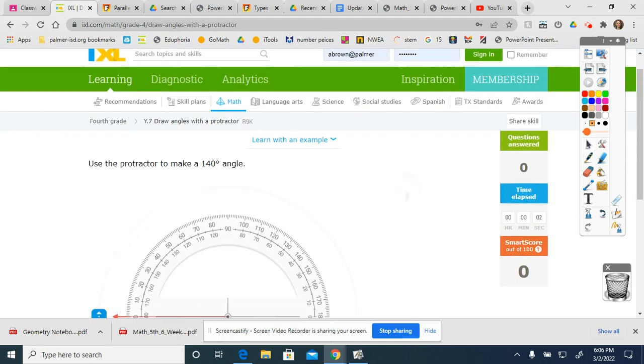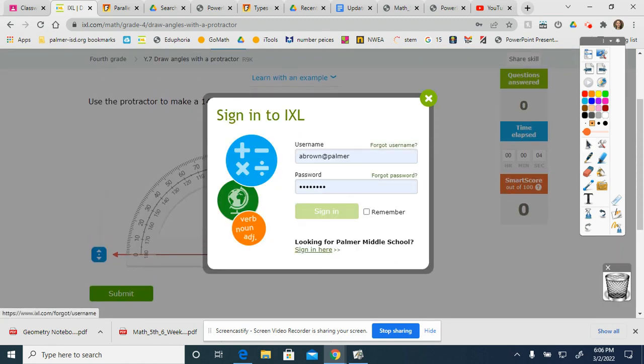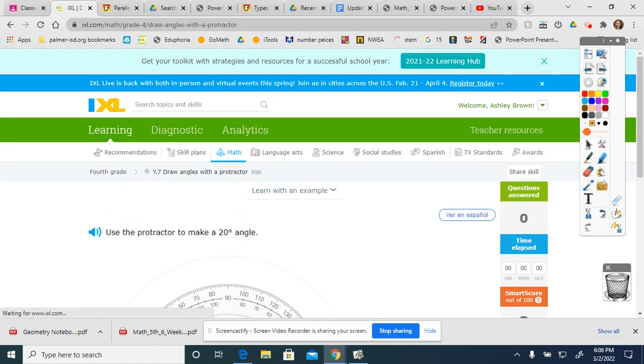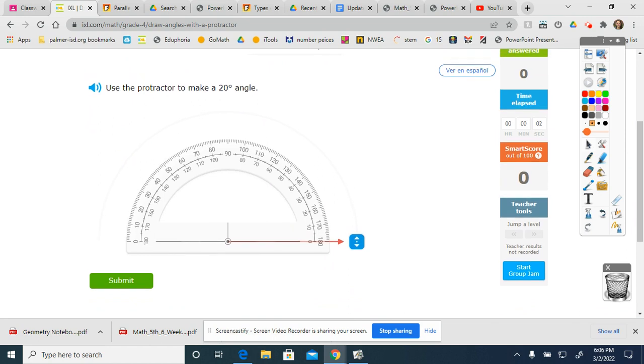Okay, so right here, it says use the protractor to make a 20-degree angle. So the way this works is this one here is starting on the right side of the protractor. So we're of course going to be reading the bottom numbers, right? And you're going to drag that little blue thing until you've got a 20-degree angle like so.